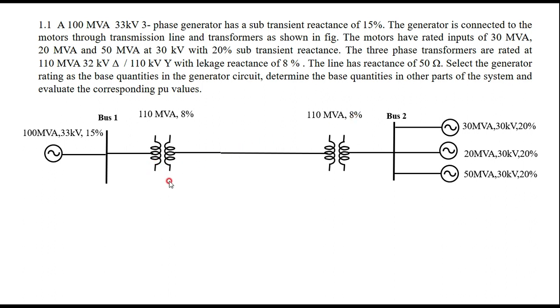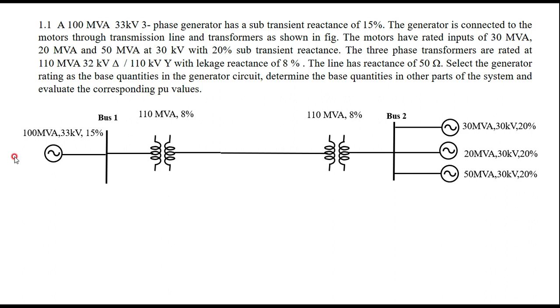The next step is to decide the voltage rating of the transformer winding which is connected towards the generator side, and the winding which is connected towards the transmission line. How much voltage do you have to choose? One winding is 32 kilovolts, the other winding is 110.